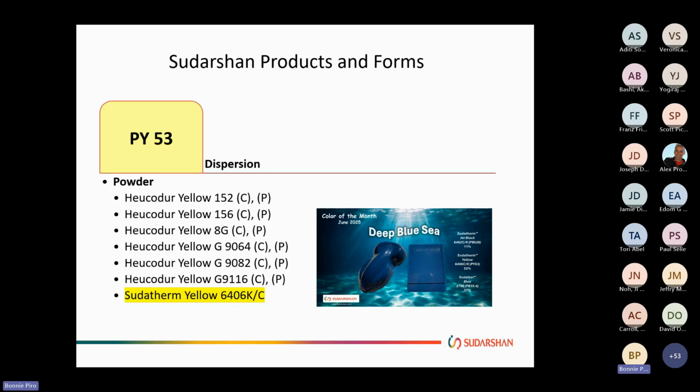So from a product perspective, primarily these are found in powder form, although there are some in liquid form as well, to give the liquid area some support. But these are also great tools from a color perspective.